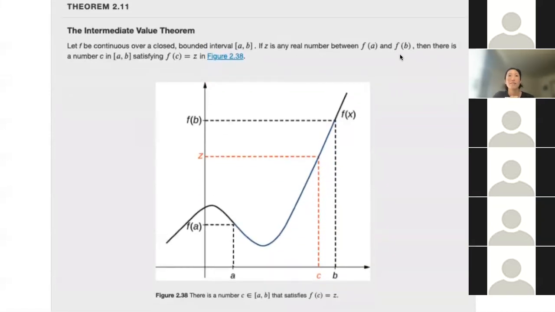The intermediate value theorem says the following: let f be continuous over a closed bounded interval a to b. If z is any real number between f of a and f of b, then there's a number c in the interval a to b satisfying f of c equals z.